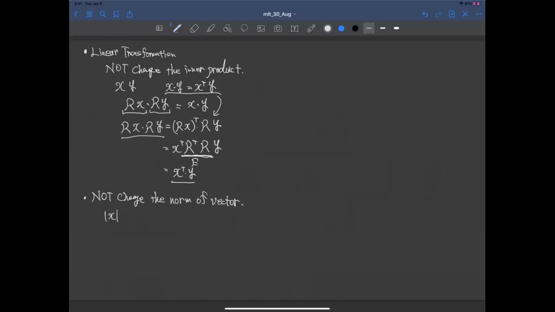Actually, the norm is the inner product of X and X. What I'm saying is that the norm of transformed X equals the norm of X. This is also really clear.